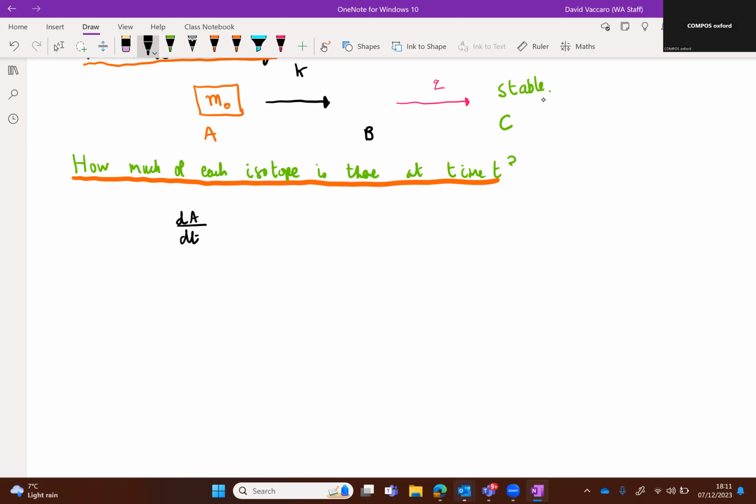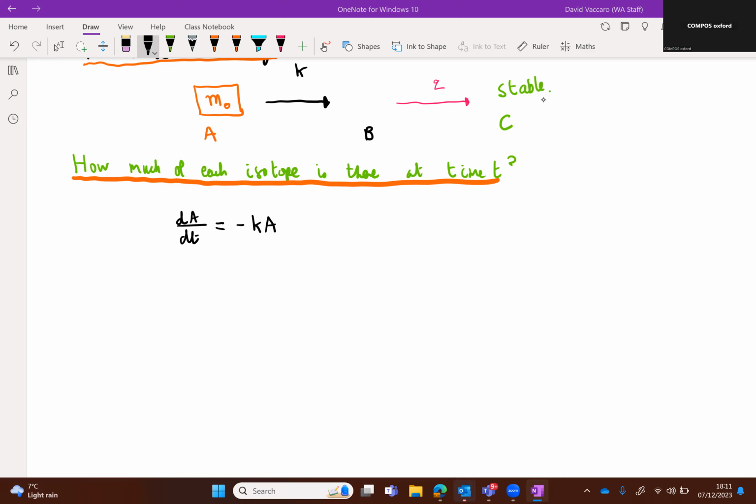If you consider radioactive decay to be like a coin landing heads, if you tossed 10 coins, you'd expect 5 heads. If you tossed 100 coins, you'd expect 50 heads. You'd expect the number of decays to be proportional to the number of coins. So dA by dt is minus KA.